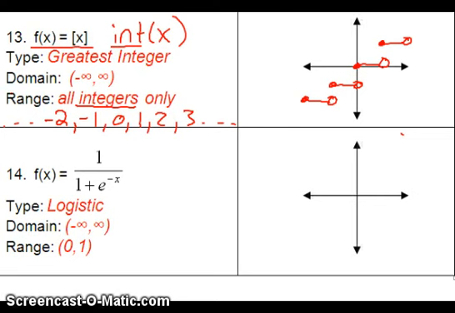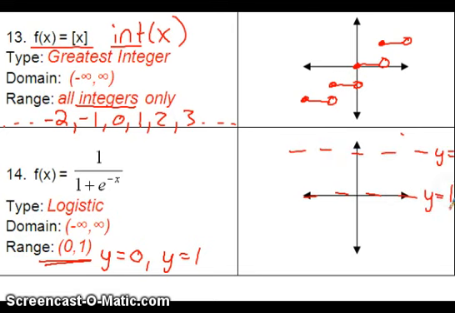Our last type of function is going to be exponential growth. The thing about the graph is it's kind of like the odd power group.